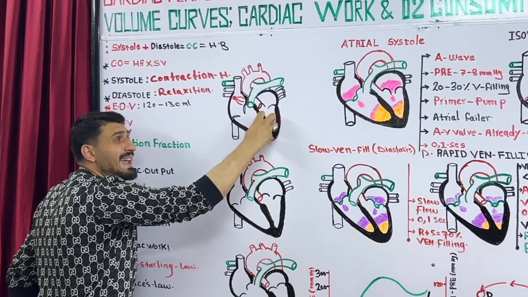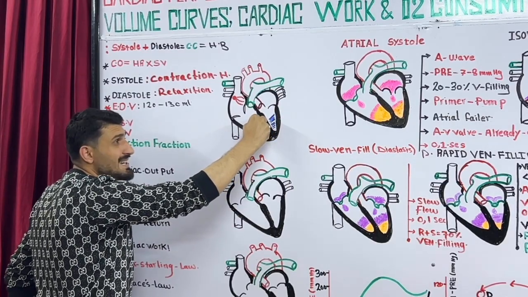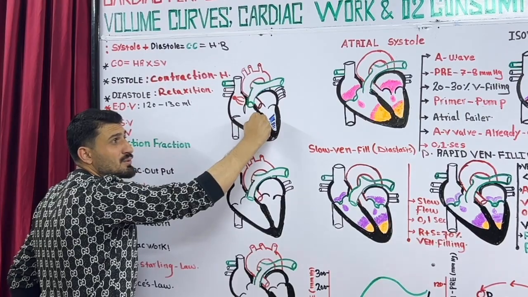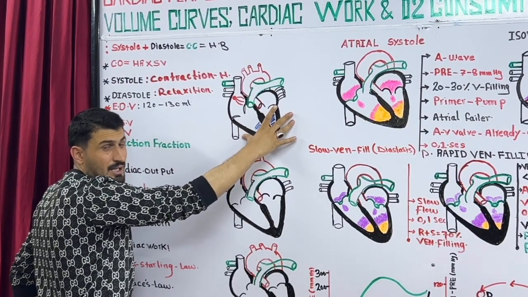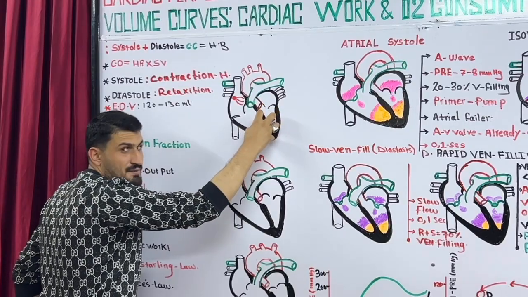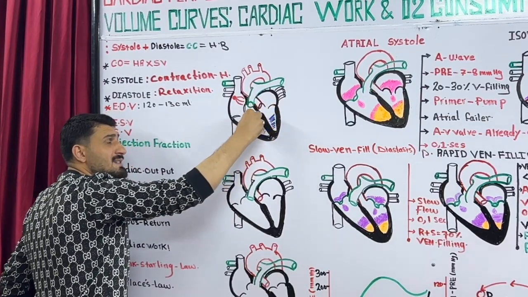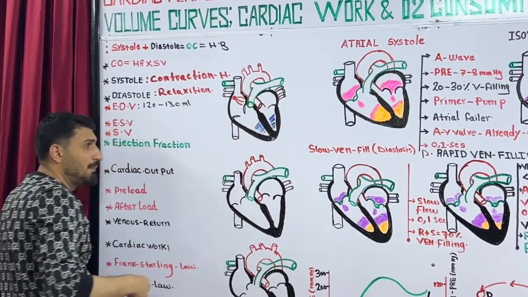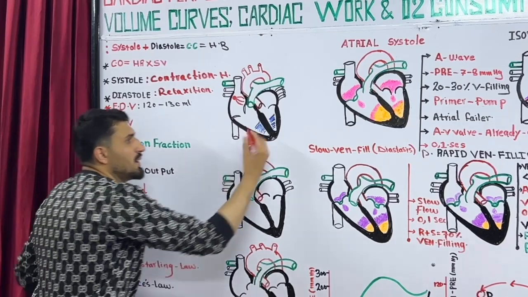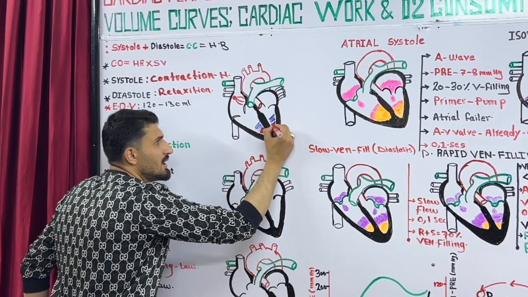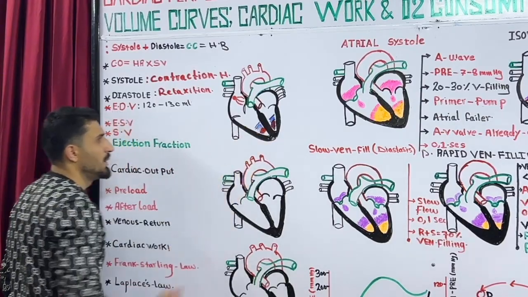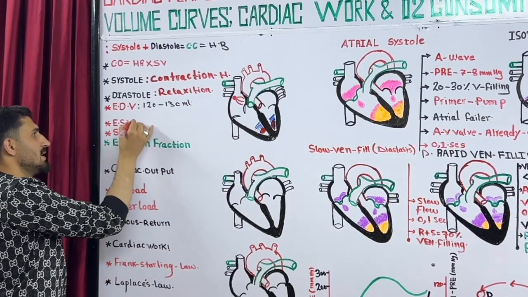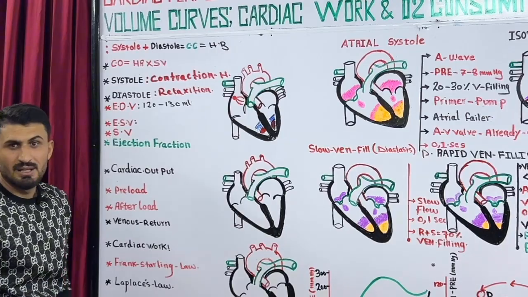I'm at the end phase of systole, but the systole phase hasn't finished yet. So at the end phase of systole, the amount of blood which remains inside these two ventricles, this remaining part of the blood, is called end systolic volume.